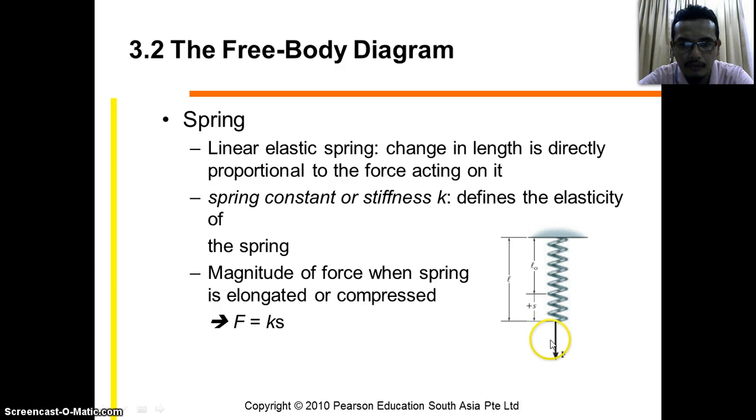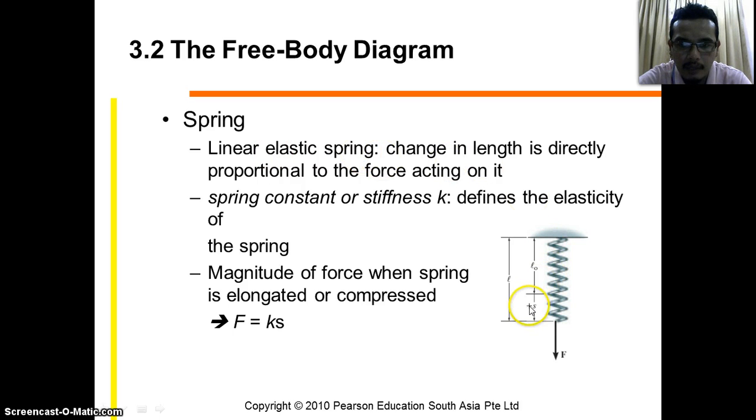the spring elongates. For example, plus s is the change in length. Okay, so the change in length is directly proportional to the force acting on it. This is what is meant by a linear elastic spring.